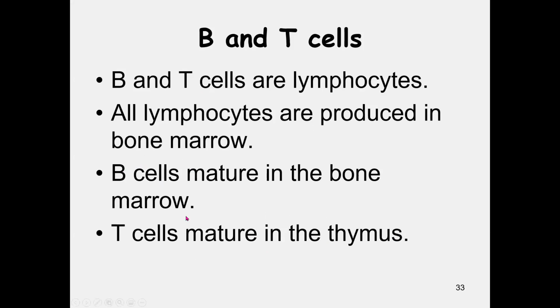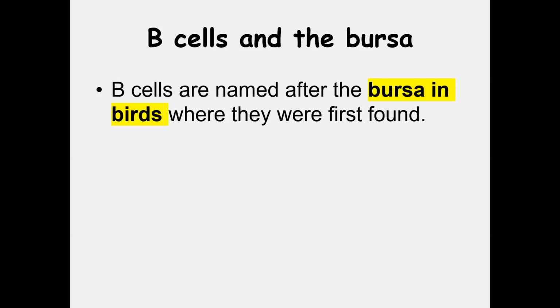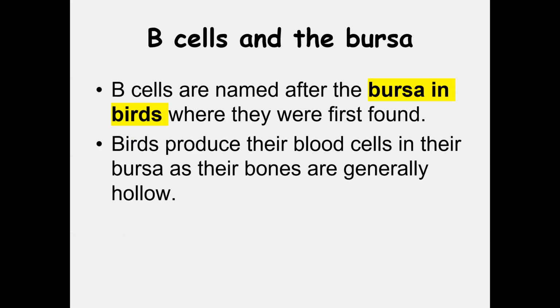That's where they mature. But the B cells are not called B cells because they mature in the bone. They're called that because the first place they were discovered was in the bursa of birds, B for bursa. And so the birds produce their blood cells in the bursa, not in the bones, because, well, in flying birds, the bones are hollow.